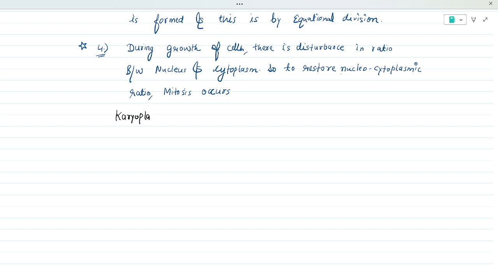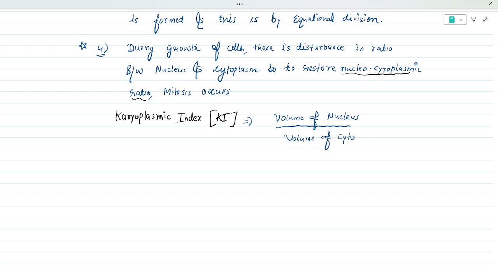Karyoplasmic index. This nucleocytoplasmic ratio is known as karyoplasmic index, or we can write it as Ki, which is equal to volume of nucleus to the volume of cytoplasm.